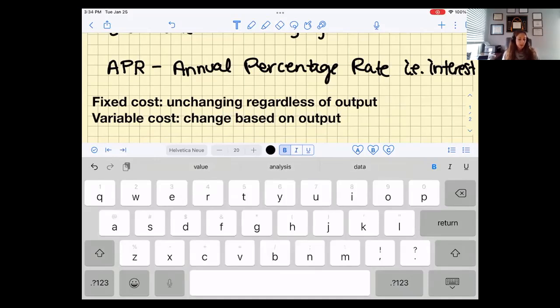If you spend X amount of dollars to create one widget and then you produce 100 widgets versus producing 1,000 widgets, obviously that cost of producing is going to change based on how many things you're making.